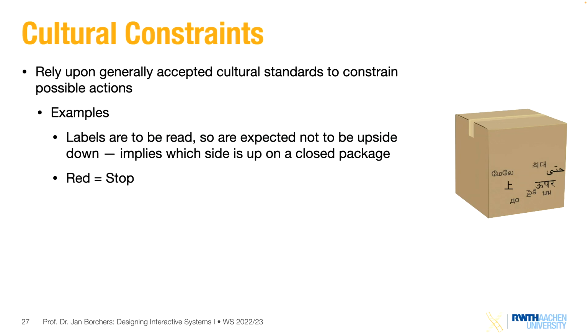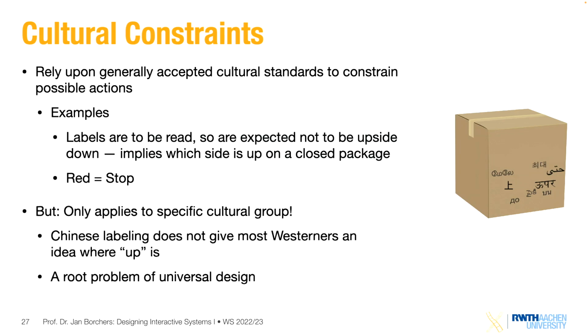Another example, and we're going to continue with this box in a second here, is that red equals stop is a clearly cultural constraint because it's not the same in all cultures. So it only applies to a specific cultural group. And this labeling here does not give us a good clue on where up is, because we may not be able to read it.